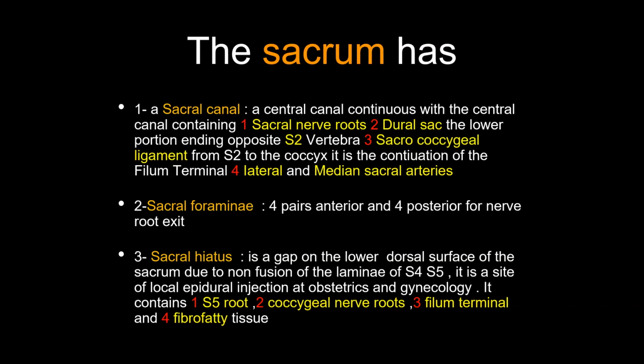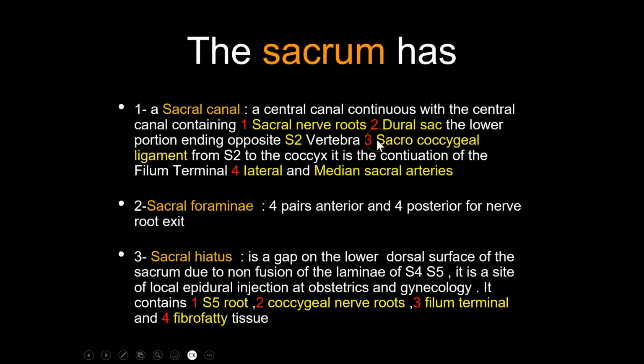Also, the sacrum has a central canal, which is called the sacral canal, continuous with the central canal of the spinal cord rostrally. And this sacral canal carries, because it's a common question, sacral nerve roots, part of the cauda equina, on their way to different parts of the pelvis. It carries a dural sac. As you all know, the dura ends opposite the S2 vertebra. So the canal contains the dural sac ending at S2.